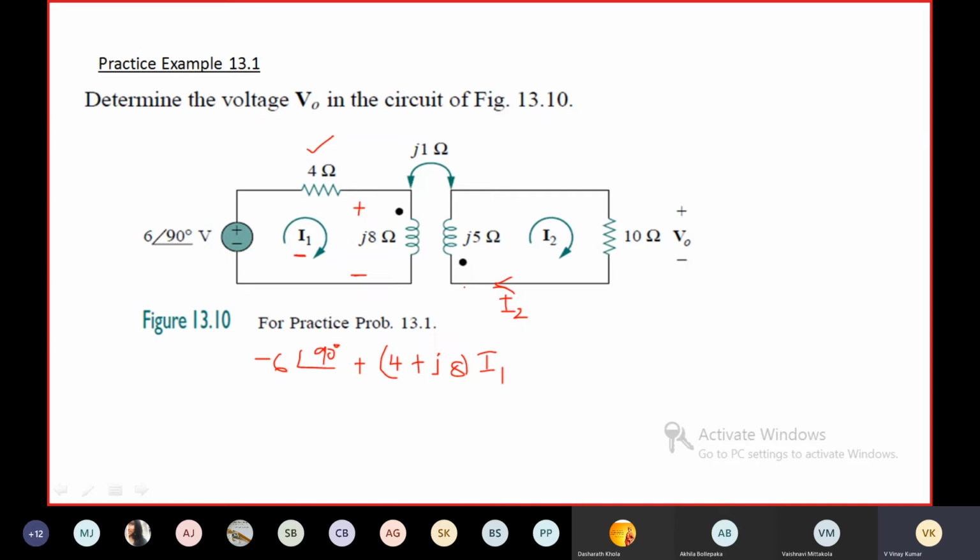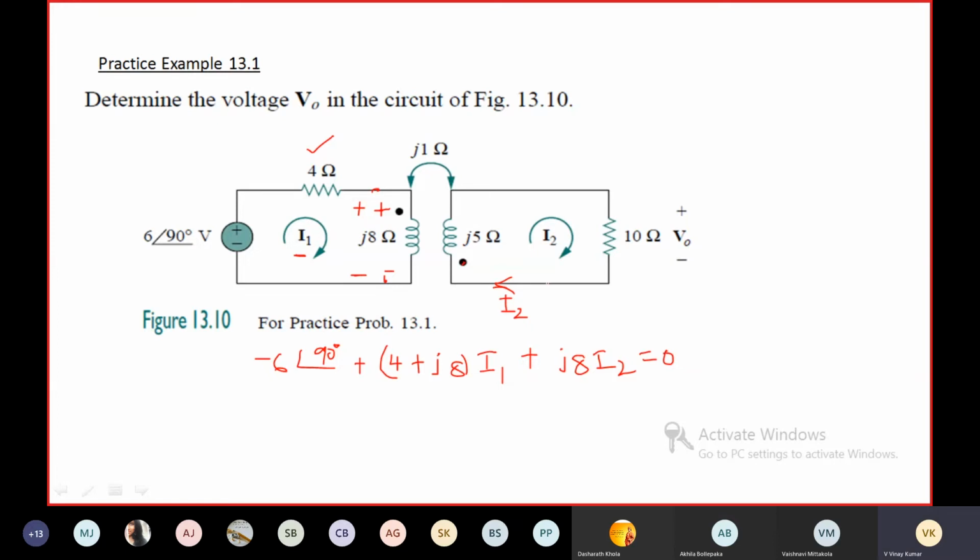So the mutual induced EMF in coil 1 will be positive at the dotted terminal, plus j8 I2, because of the current flowing through coil 2, equal to 0.